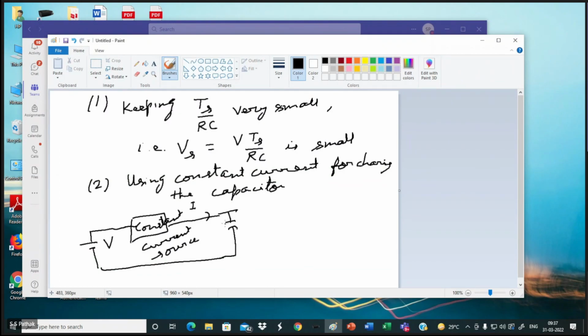This is my V. Here is my capacitor. Here the R is there because of your exponential increase, etc., through your time constant. Here the concept of time constant is not coming. So what is my V naught? Vc is equal to V naught, which is 1 by C integral of I dt.